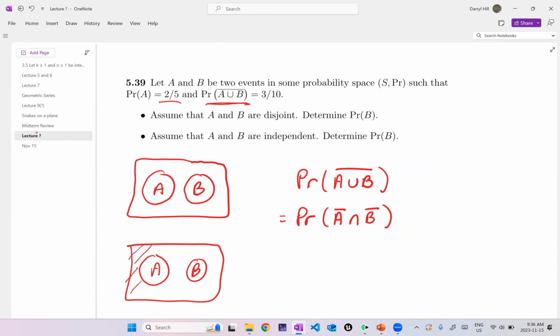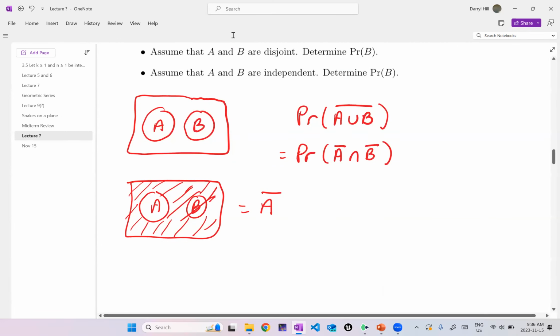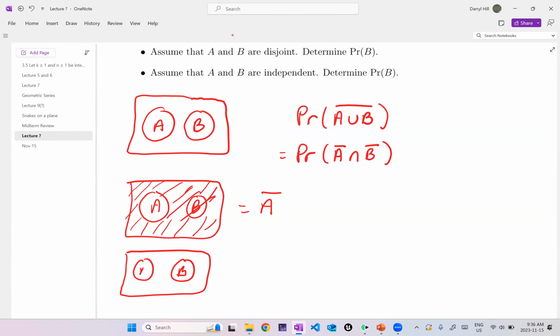Well, A naught is everything outside of A, including B. All right, and then B naught is everything outside of B, including A. So if I take the intersection of the complement of A and the complement of B, so I want everything that appears in both of these.